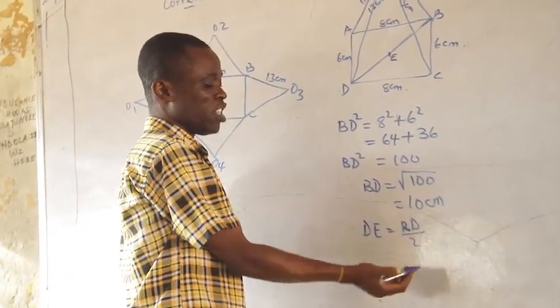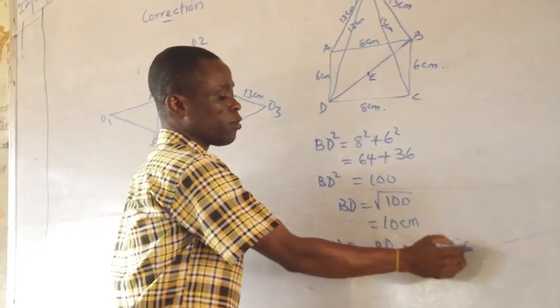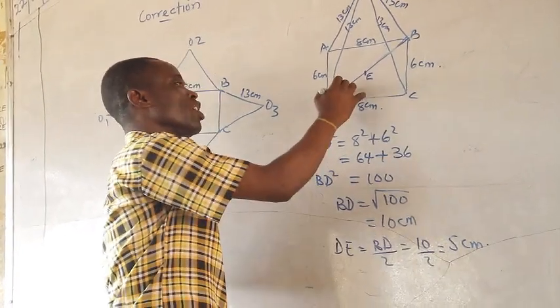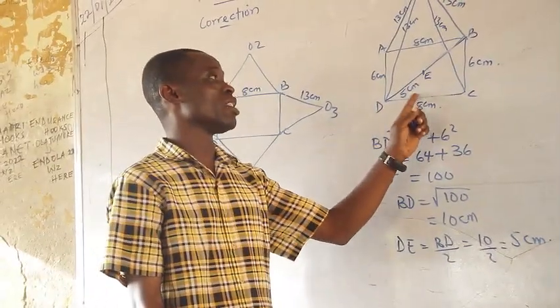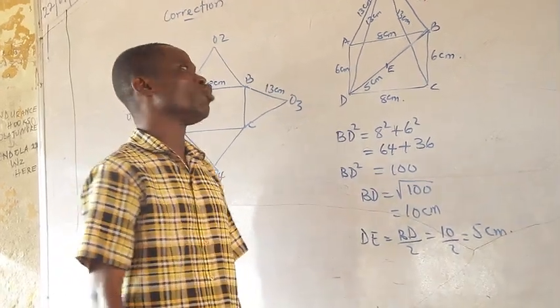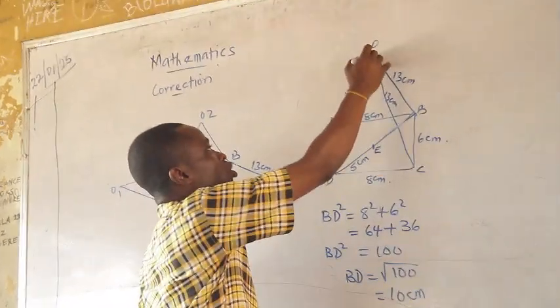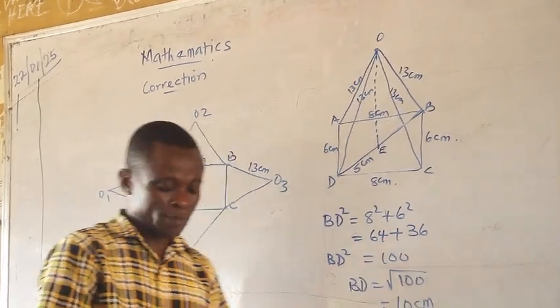BD over 2 is DE. And what is BD? 10 over 2, and the answer is 5 centimeters. So this length DE is 5 centimeters. As this length is 5 centimeters, EB is also 5 centimeters. Then you can now join O to E. Join O to E, and that is what is called the perpendicular height.